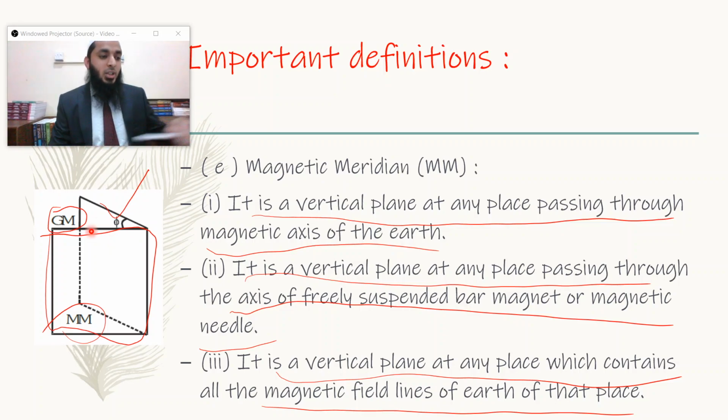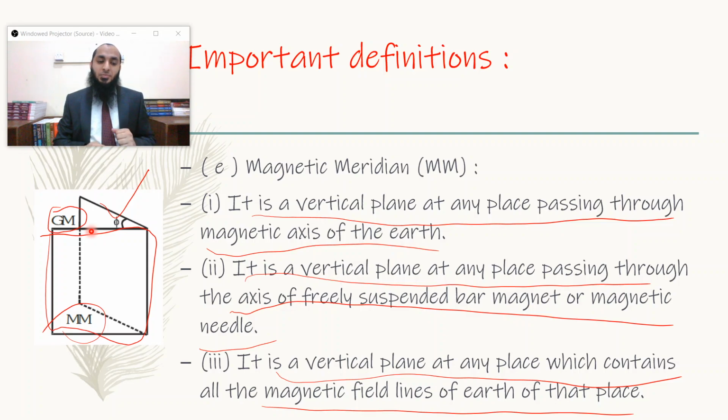Now tell me one thing. You have heard about that 11.5 degrees earlier. The 11.5 degrees which we talked about was the angle made by which two entities? It was the angle made by the magnetic axis and the geographic axis. So is angle of declination the same as that? Think about it.